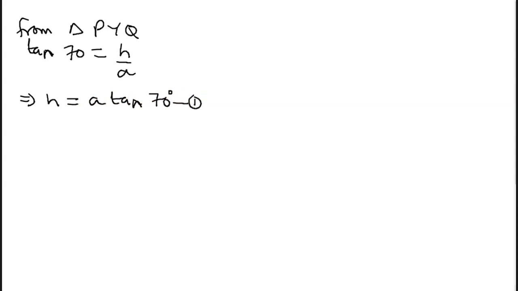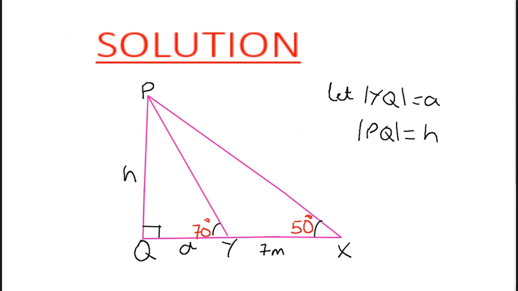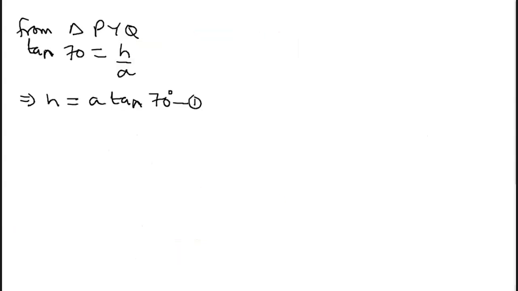Also, let's look at triangle PXQ, that's the bigger triangle. The acute angle now becomes 50 degrees. As I said, if YQ is a, then XQ becomes 7 plus a, or a plus 7.